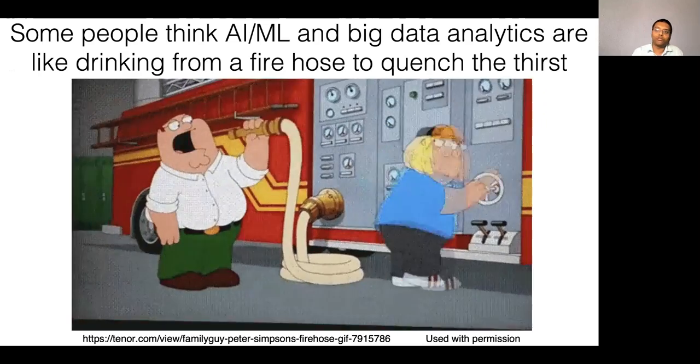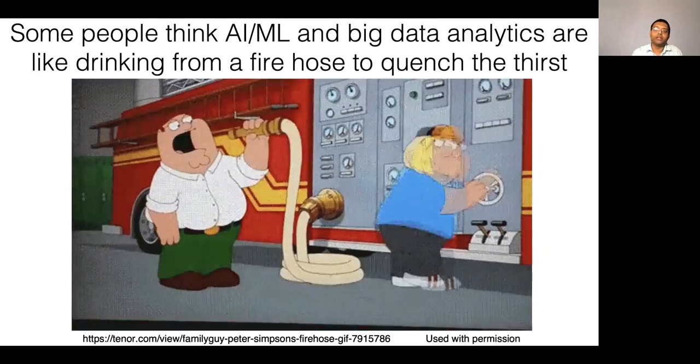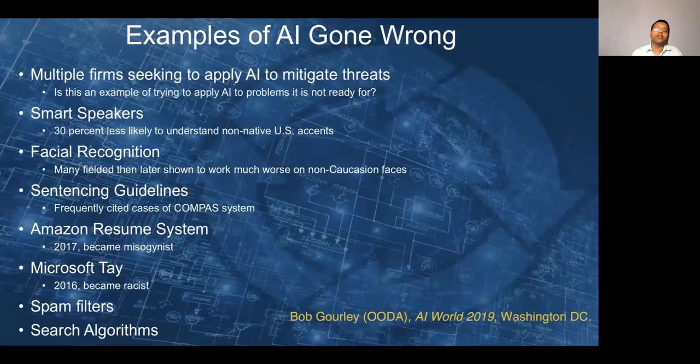And this goes back to my earlier example of finding the wrong needles, because there have been numerous examples of AI gone wrong. There are so many pitfalls here that it's easy to misapply them. Especially now, AI and machine learning has become such a hot buzzword, and apparently it is very easy to learn these techniques and apply them.